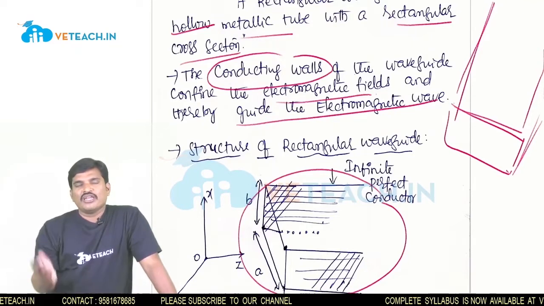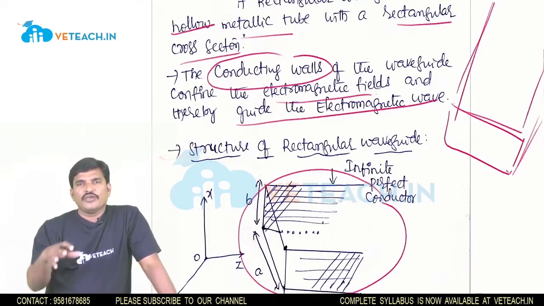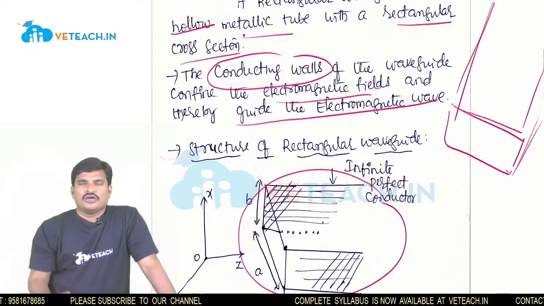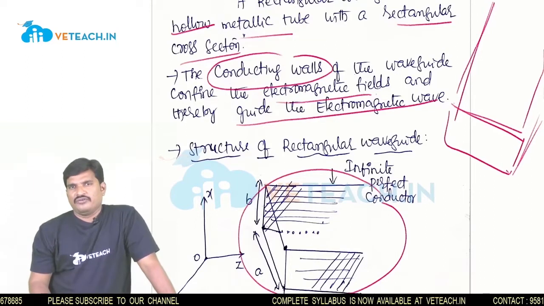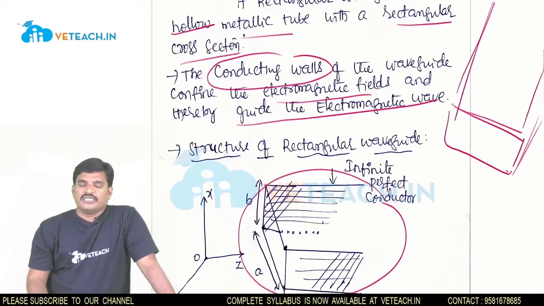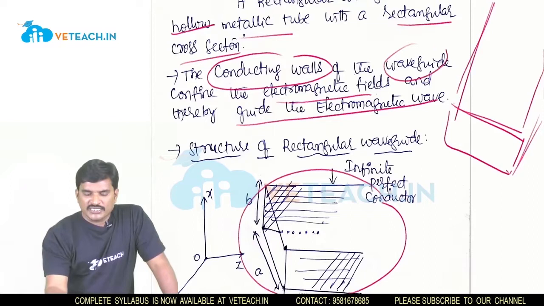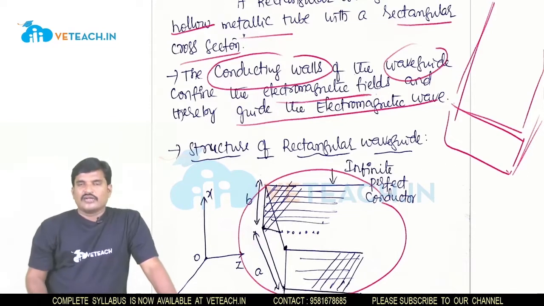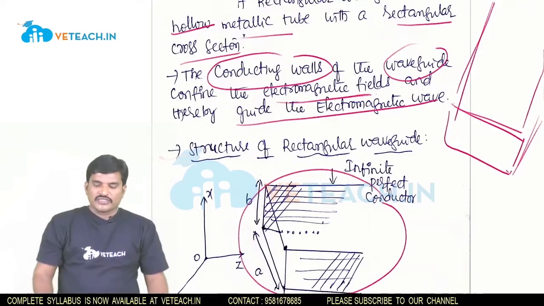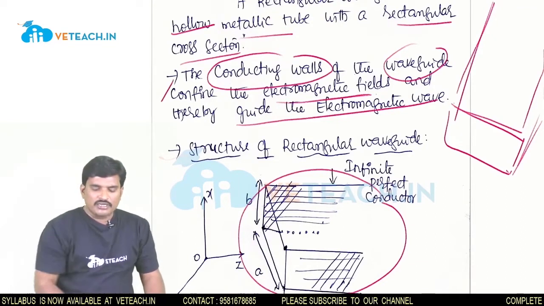Earlier, in all the transmission lines, we said they produce electromagnetic energy in the form of electric field and magnetic field. Both combinations are possible, but in waveguides, the conducting walls confine the electromagnetic fields and transmit them, thereby guiding the electromagnetic wave in a particular direction.